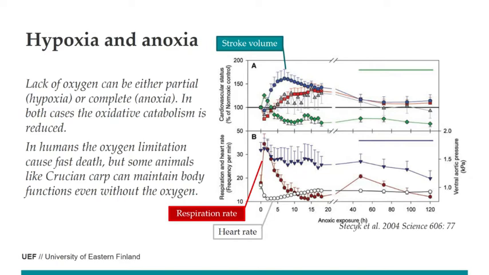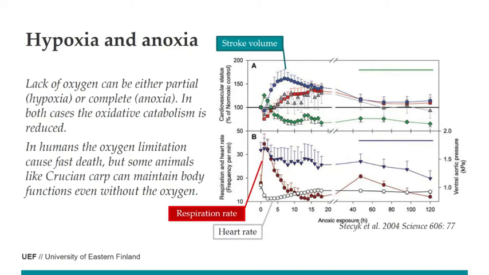And then the upper part, there are 4 different color spots, but let's check only the blue ones. It's the stroke volume that is telling you how much blood is pumped from the heart during each contraction.